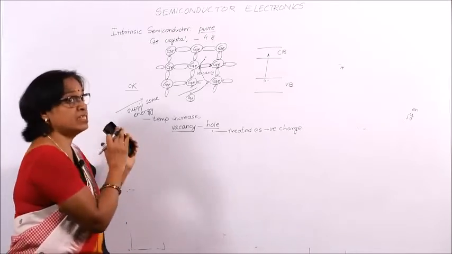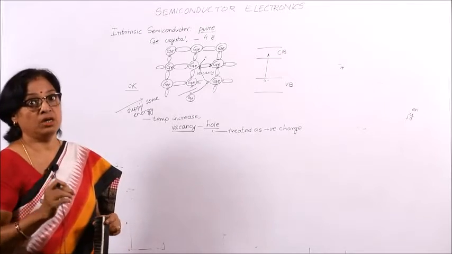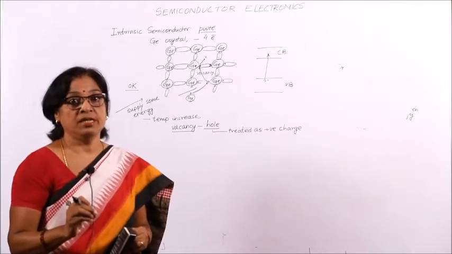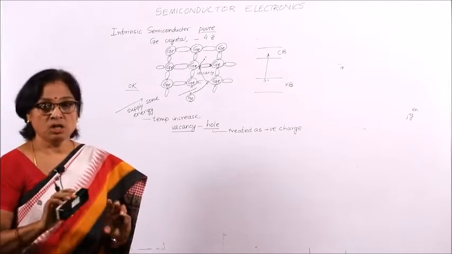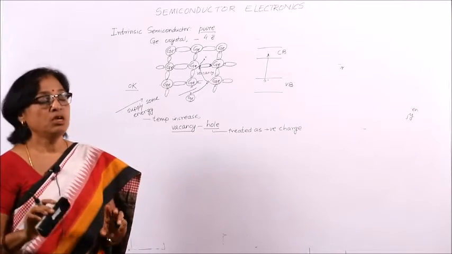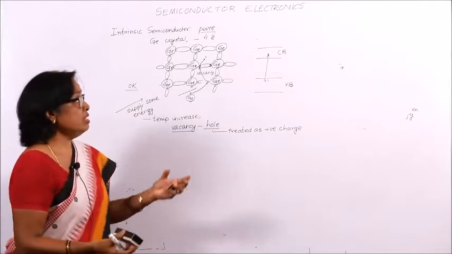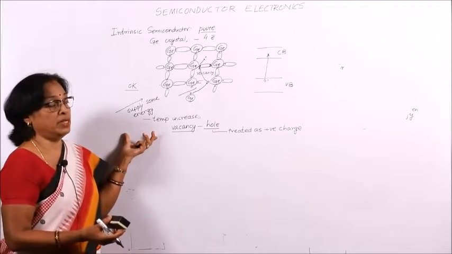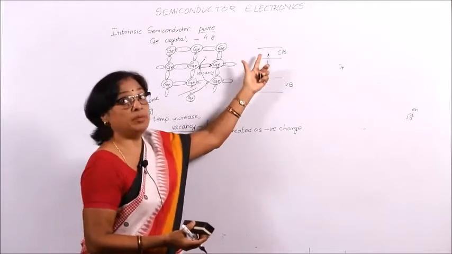So the intrinsic semiconductor, which is a pure semiconductor, can be made conducting. At 0K it is not conducting because there are no free electrons, but it can be made conducting by giving it a small amount of energy more than the forbidden energy.